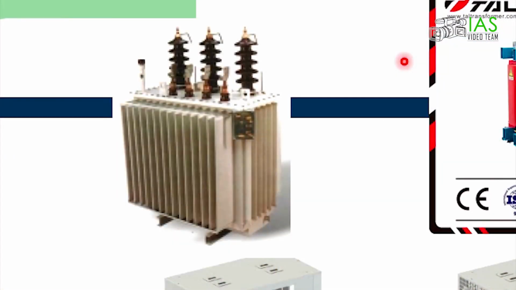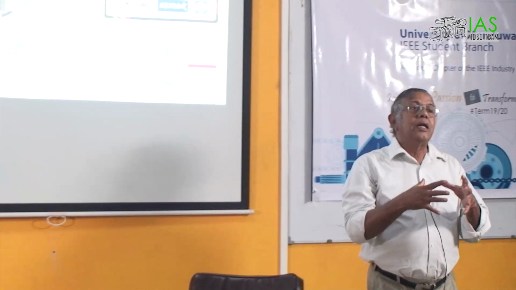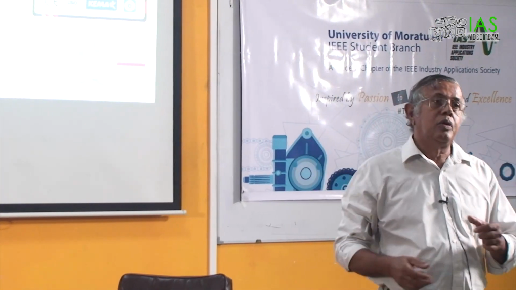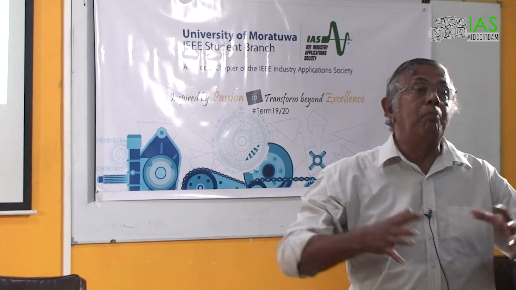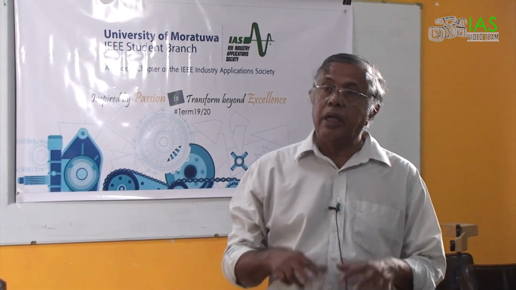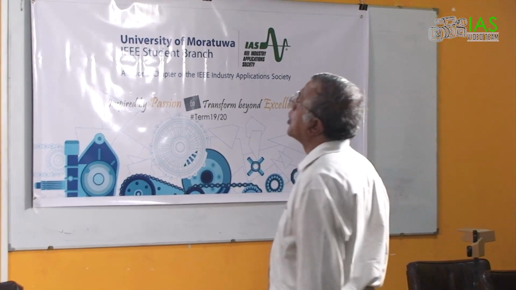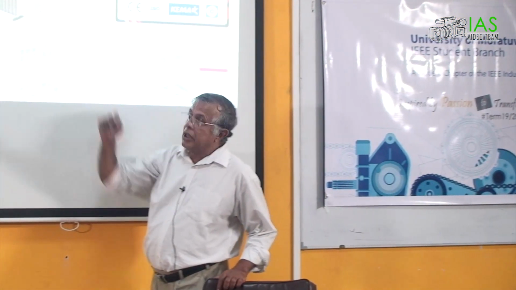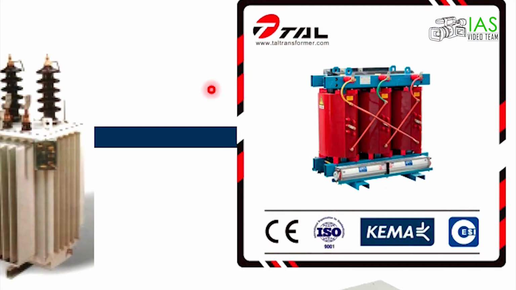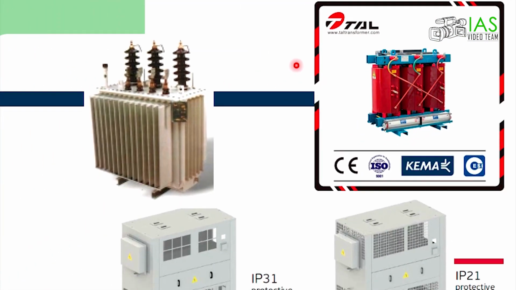This transformer has an explosion vent, the pressure relief device, and it can release the pressure through that. It can also bulge when there is inside pressure, because of the corrugated sheet body. And this is a transformer that is called a dry type transformer.